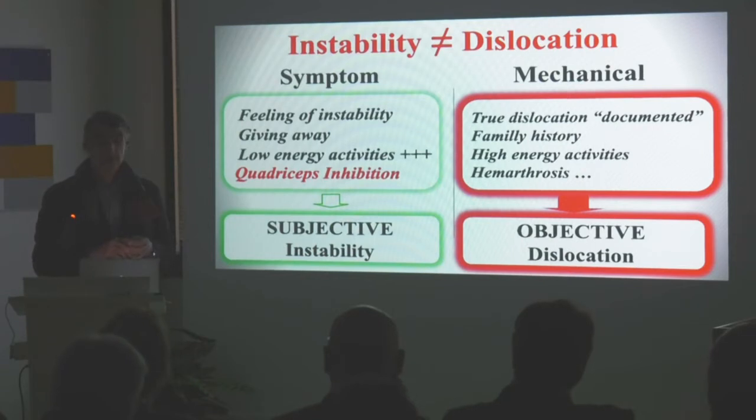And you have to know that the first time it's always with high energy activities, not going downstairs, not walking in the street. It's always a big activity. Then you ask about the family history, because you have 40% of family antecedent, and this would be the objective instability, the objective dislocation.